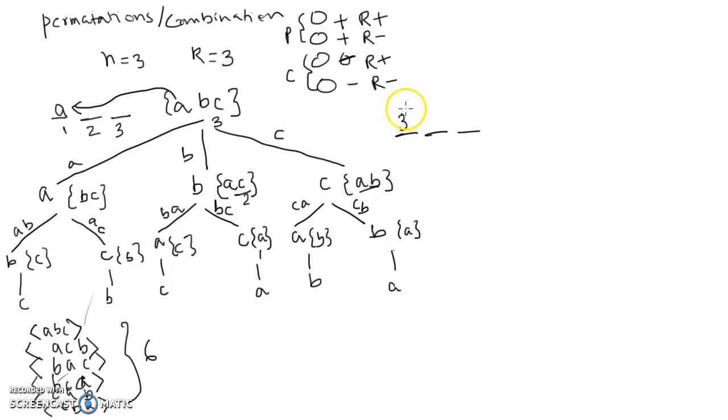But since I've already chosen the element for the zeroth spot, or the first spot, I cannot repeat that. So my number of choices reduces here. Here it was n, and here it was n minus one, right? So this would be two, and then this would be n minus two. It would be one, right? And it will be three times two times one, which comes out to be six, right?